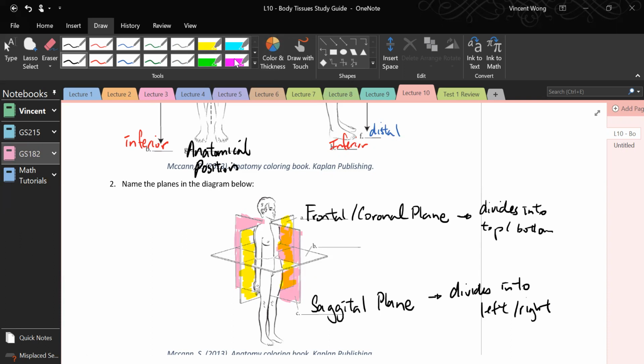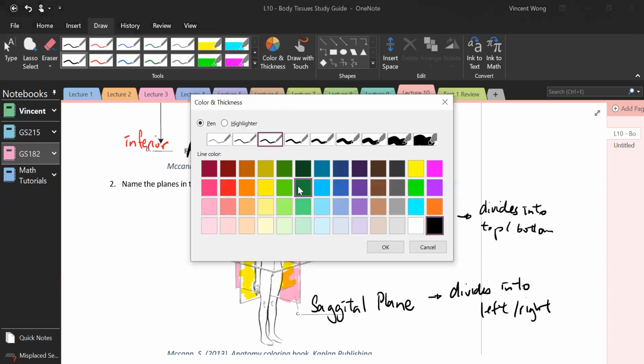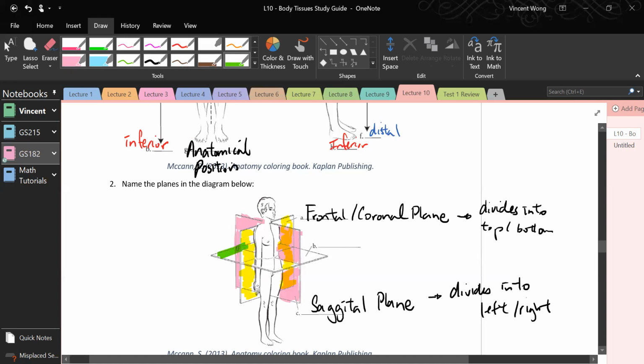And then we have this one, which is the transverse plane.